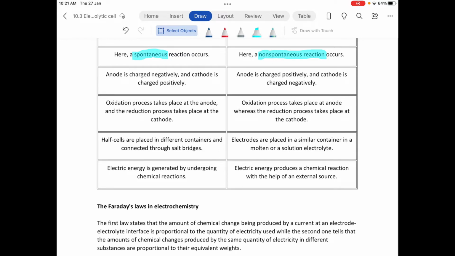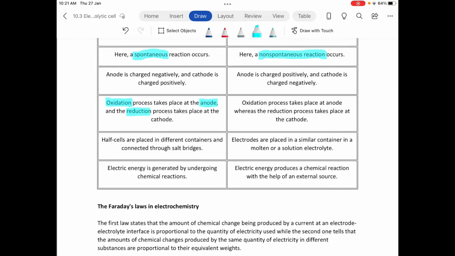For example, in galvanic cell, oxidation still happens at anode, reduction happens at cathode. Same with electrolytic cell. Oxidation still happens at anode and reduction is at cathode. The reactions still take place at the same electrodes.